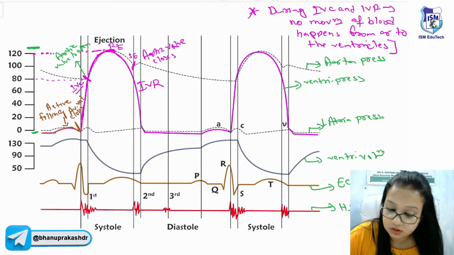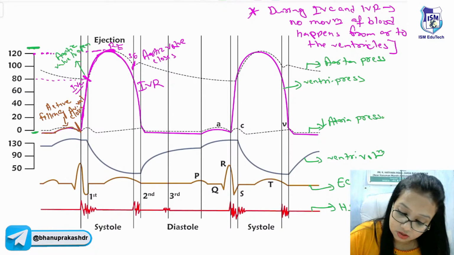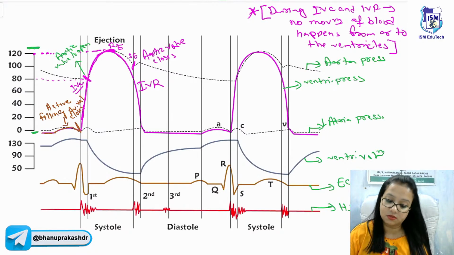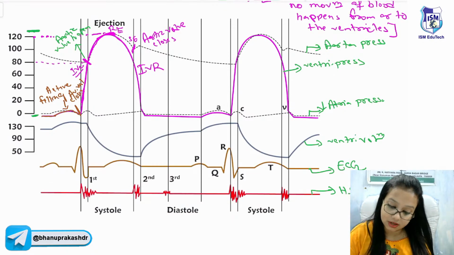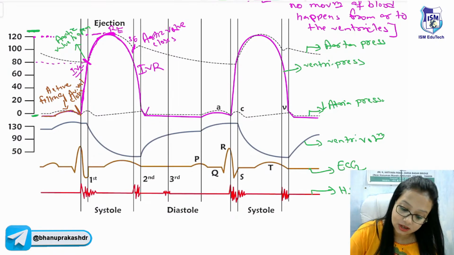Another point to remember. No flow happens to or from the ventricle. So once the pressure in the ventricle starts dropping, it again comes back to 0. When it comes back to 0, here the AV valve opens.